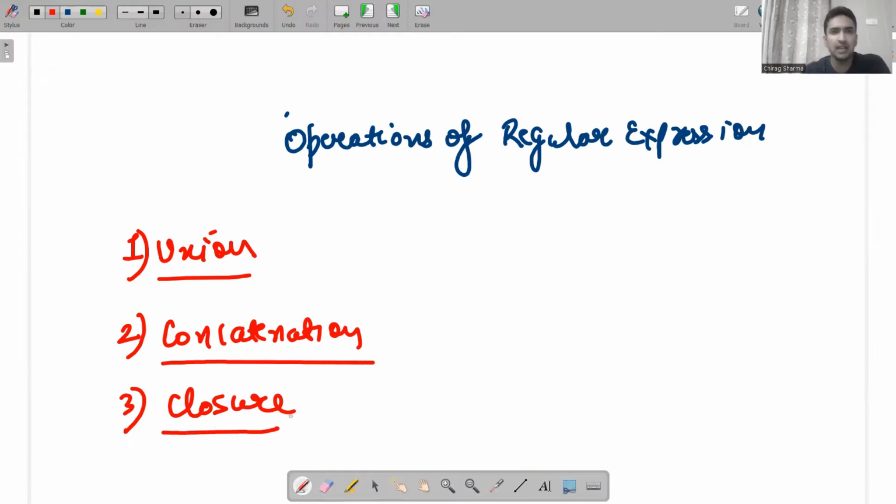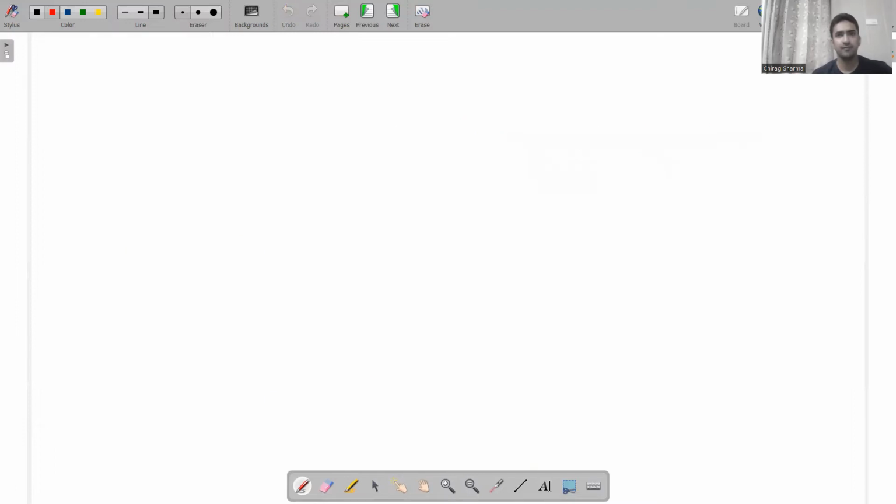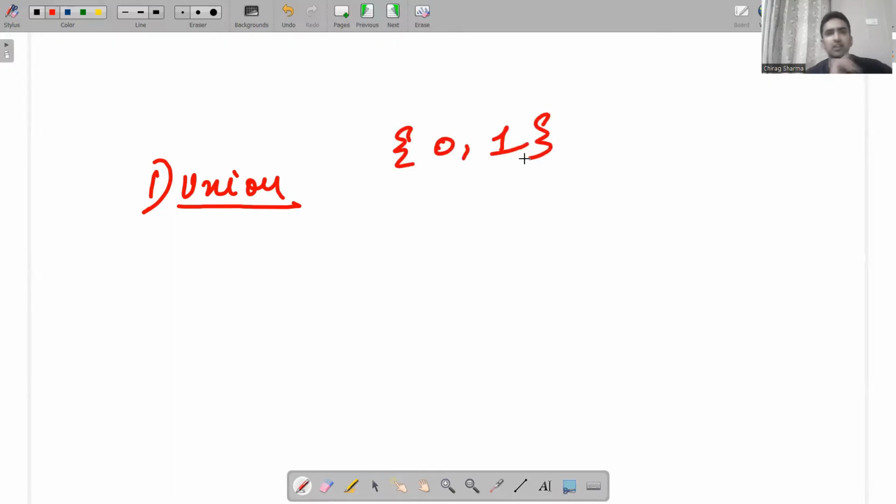I will be explaining this whole thing. I will write the union operation with two particular regular sets or certain answers, and then we can create an automata of that, and by default we can also create the regular expressions. So we have the first operation, which is referred to as the union operation. Union operation means that we have two input symbols, 0 and 1. What is the union between them?